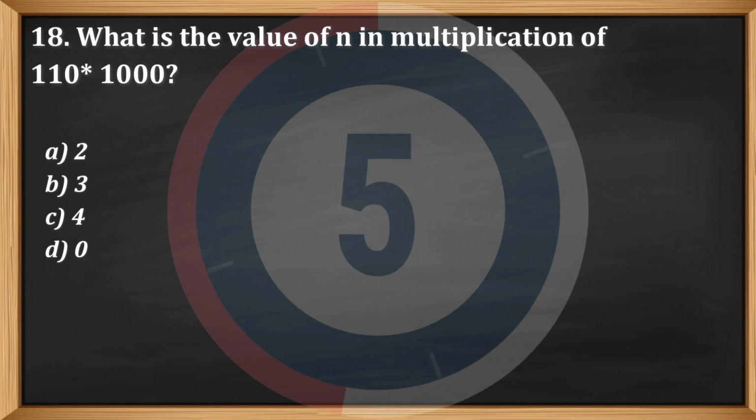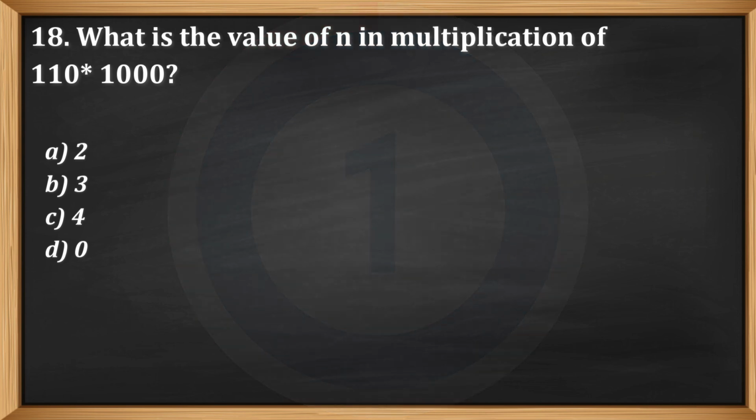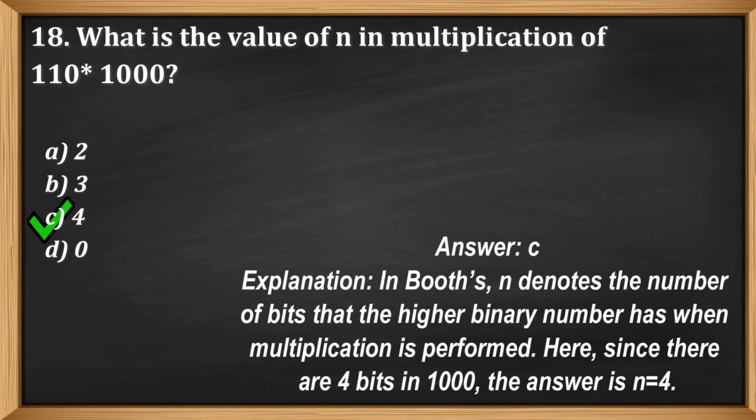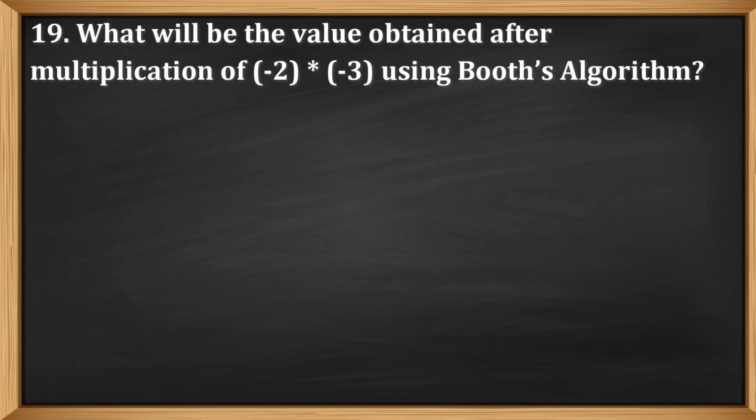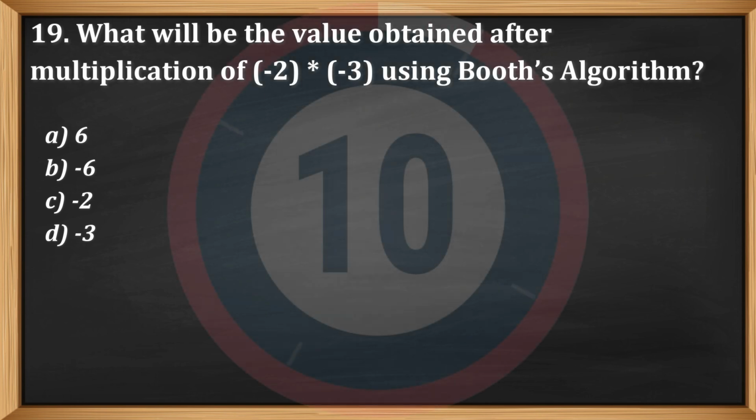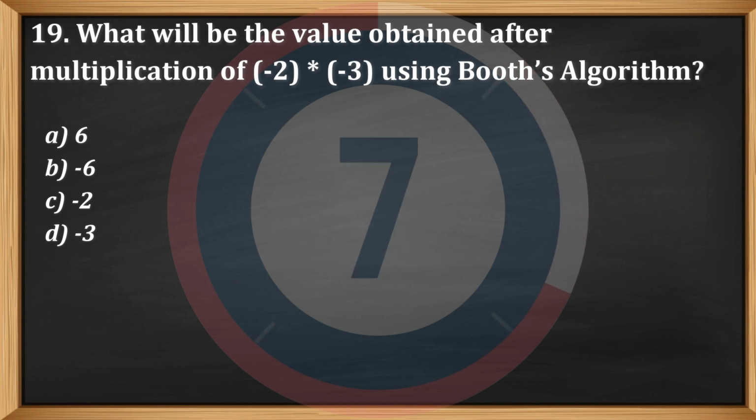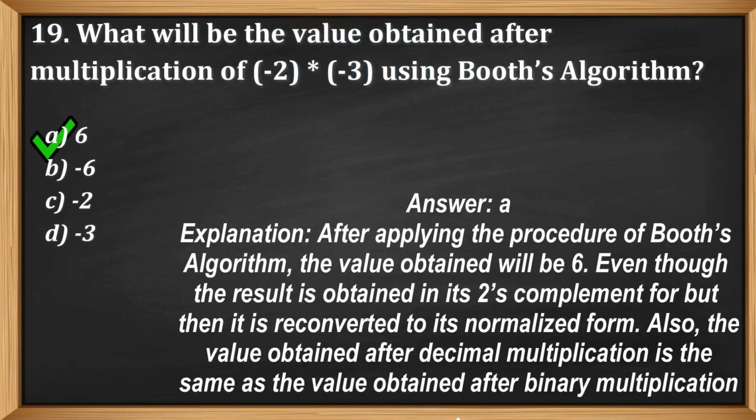What is the value of n in multiplication of 110 into 1000? Option C, 4. What will be the value obtained after multiplication of minus 2 into minus 3 using Booth's algorithm?